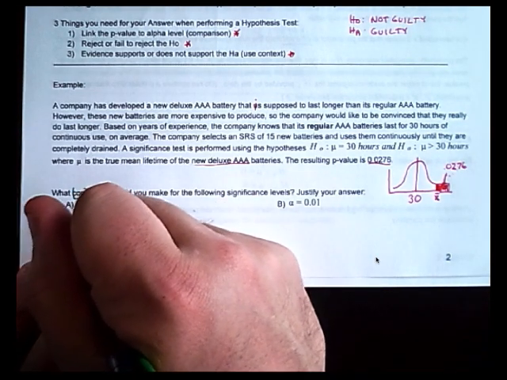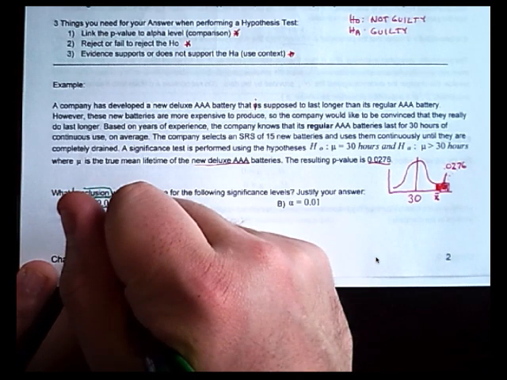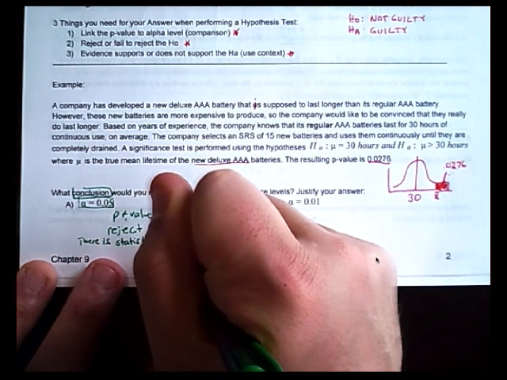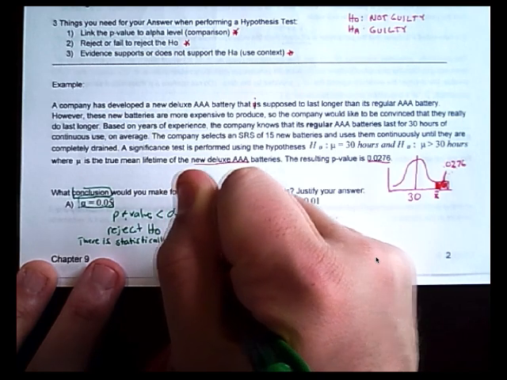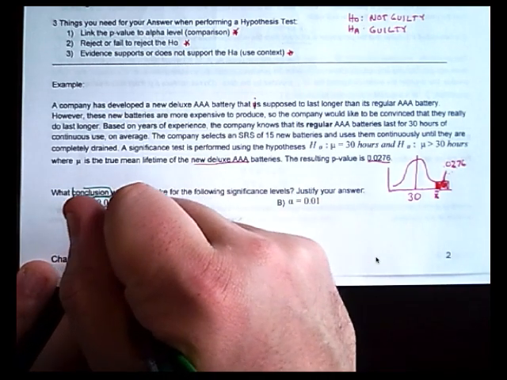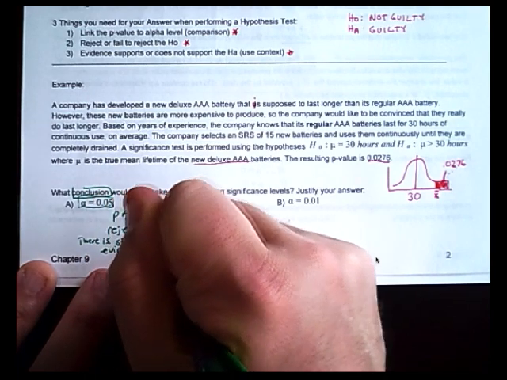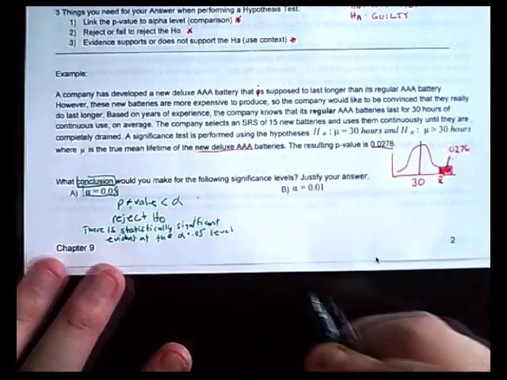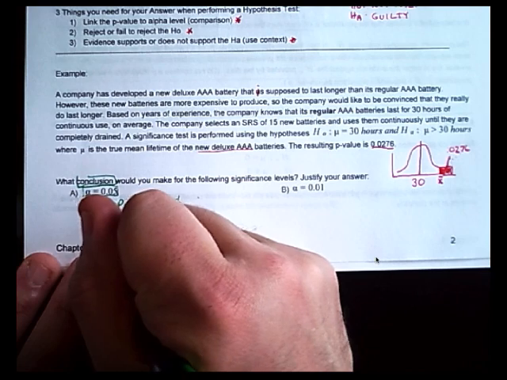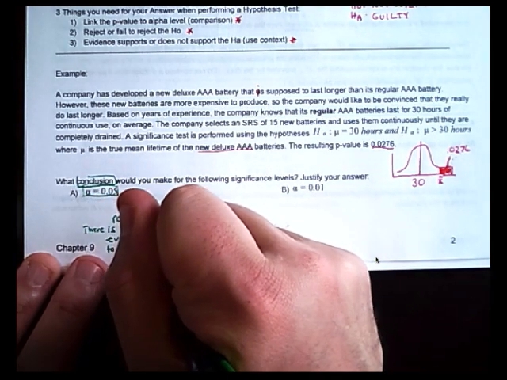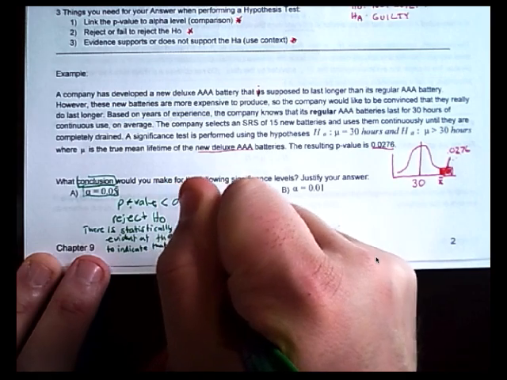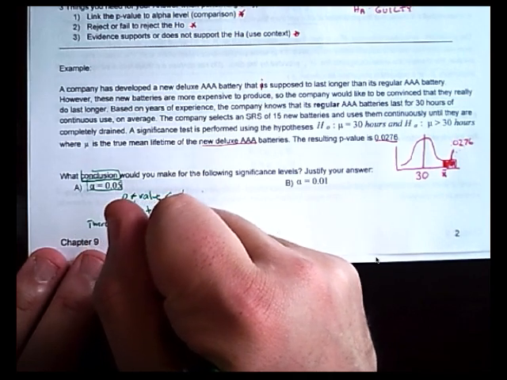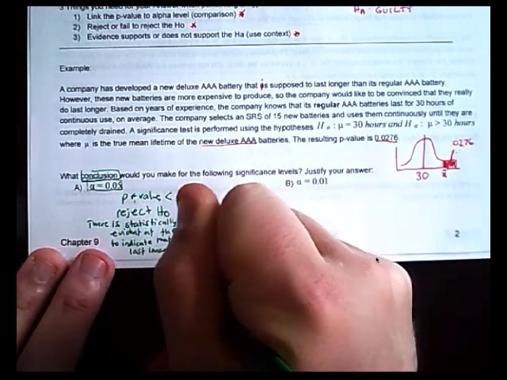We would say something to the effect of, there is statistically significant evidence at the alpha equals 0.05 level to indicate that the new batteries last longer than 30 hours.